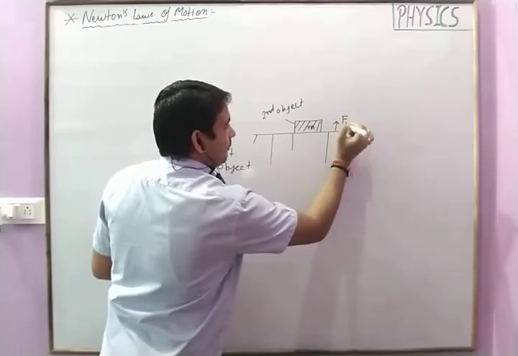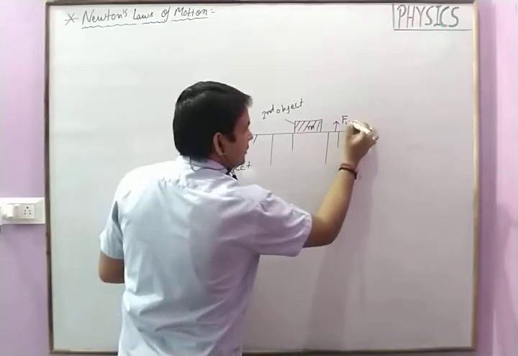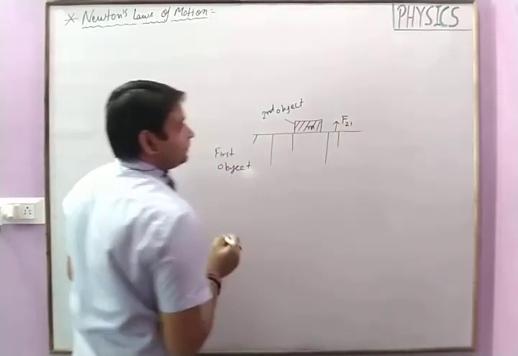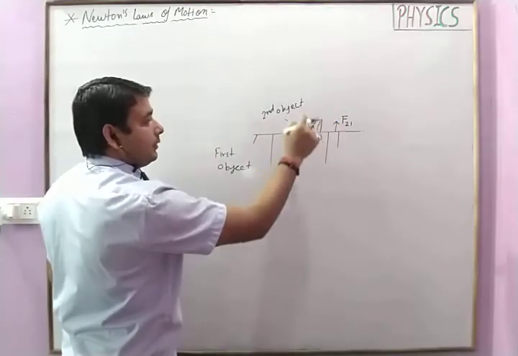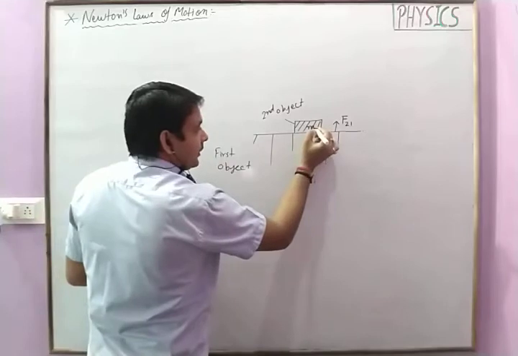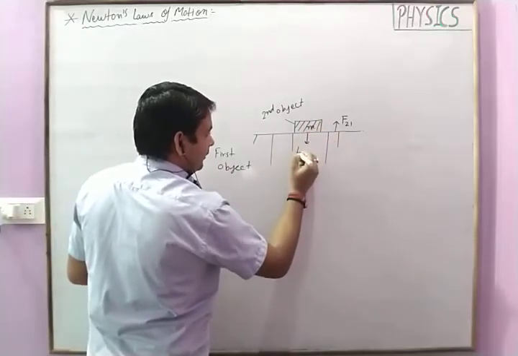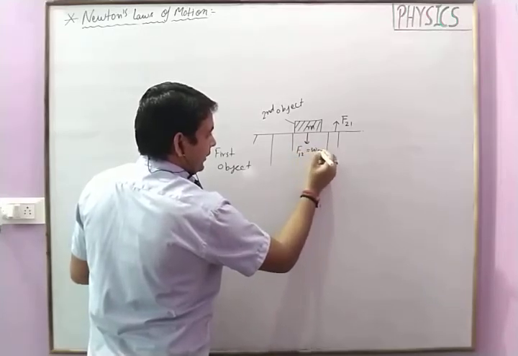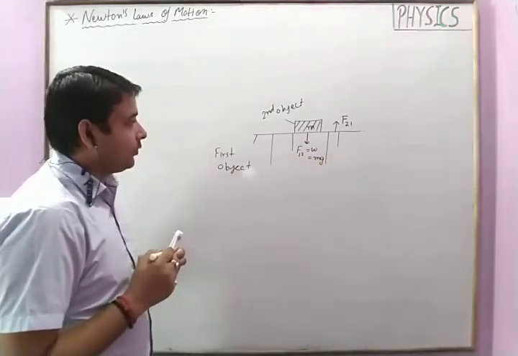We call it force F1, or force F21. And as a reaction, the body applies a force equal to its weight. F12 is equal to its weight, which is given by mg, okay.